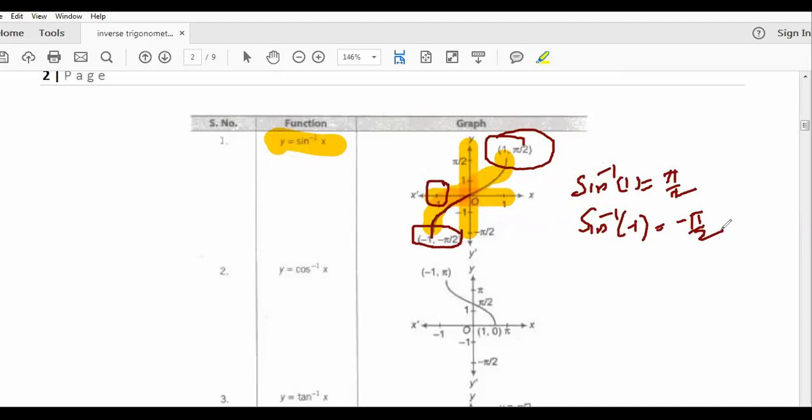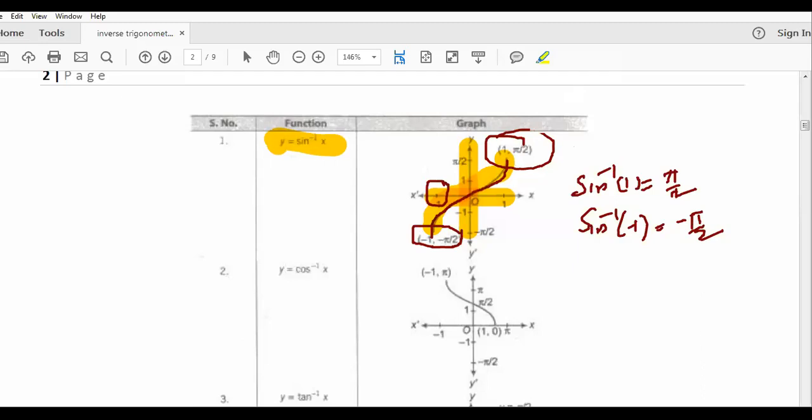Is it clear? So this is the graph of the sin inverse function. So remember this. Is it clear, beta? Yes sir.